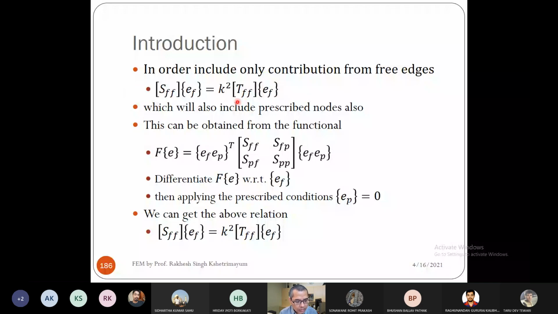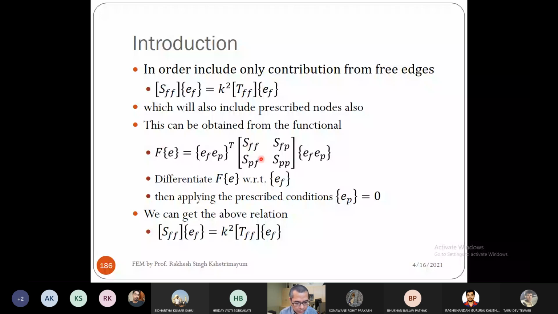How do you get this kind of equation? This can be obtained from the functional. The functional for this E you can express with EF, EP transpose and S. Like what you have done for the band matrix method, where you numbered the free nodes first and the prescribed nodes later on.